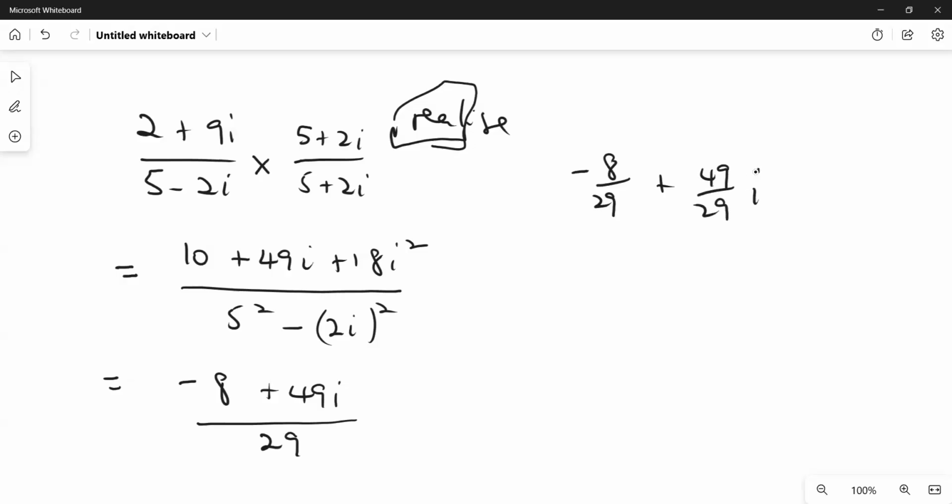I know all these ugly numbers come from nowhere, right? And when we're dealing with, let's say, x and y's, we might be tempted to write 49 over 29i and then put the 8 over 29 here. And this is not acceptable, even though there's a minus sign sticking out there.